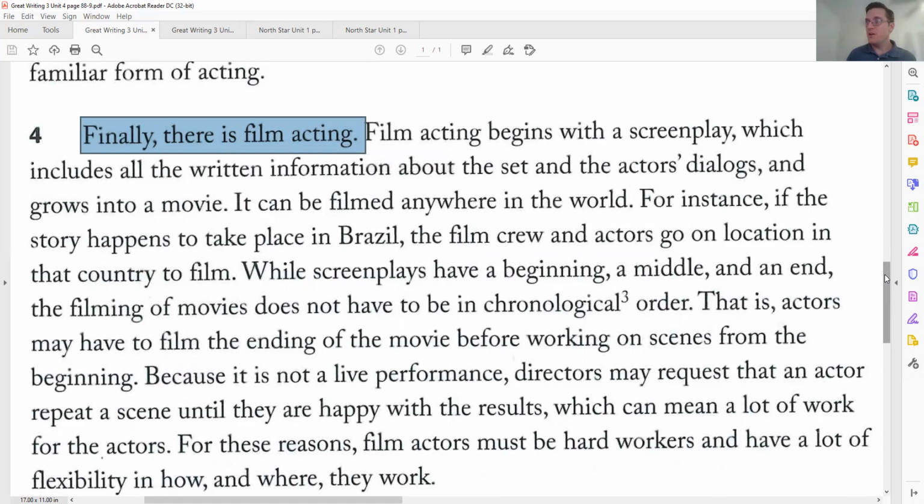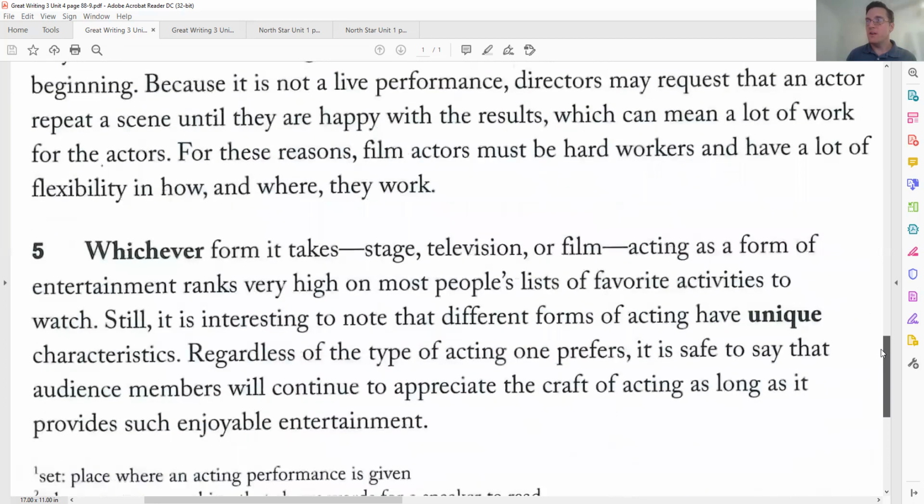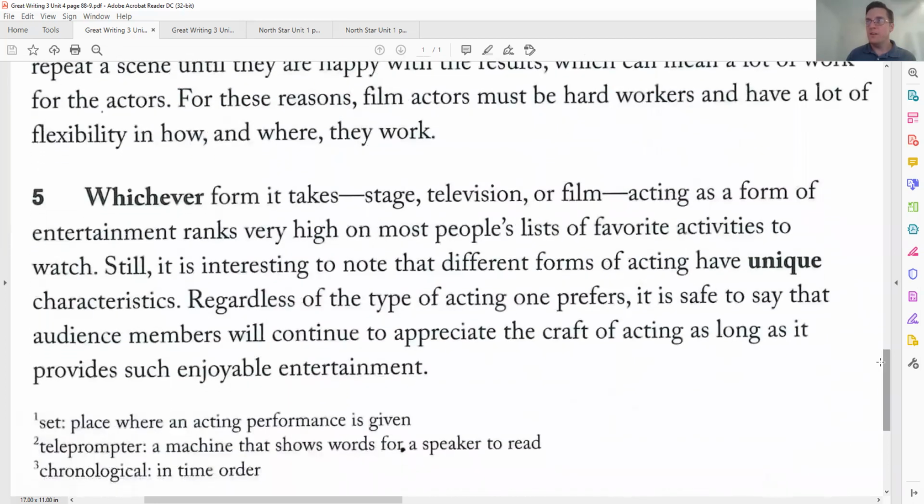The last paragraph will be our conclusion, right? Our concluding paragraph. Again, we start just like the concluding sentence of a paragraph restates the topic sentence of a paragraph, the concluding paragraph of an essay will restate the thesis statement. Our thesis statement was that there were three types of acting.